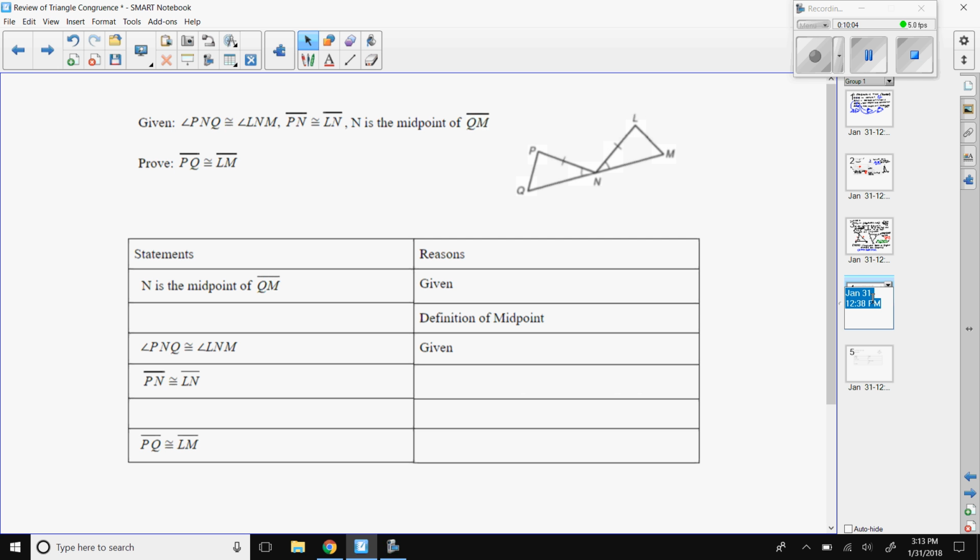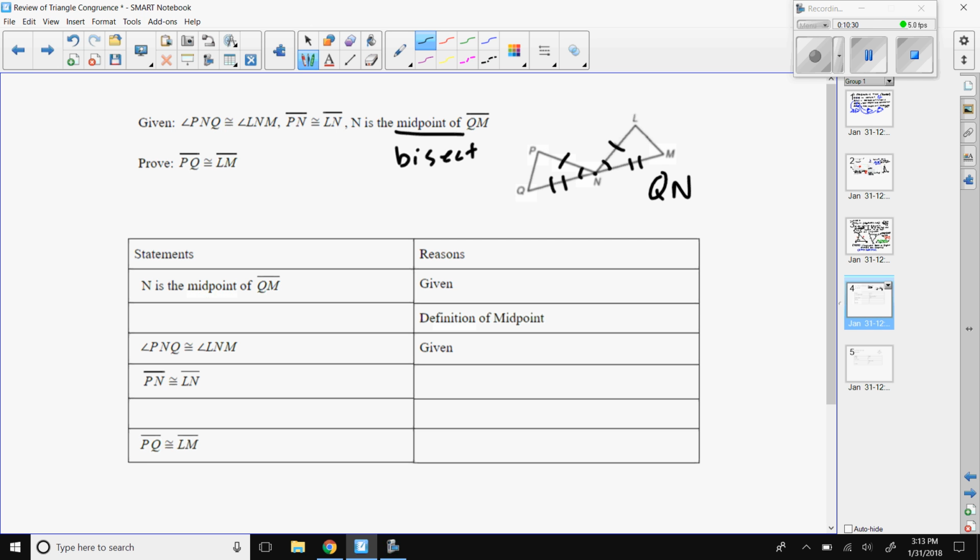So we looked at this proof here. We have the two angles, angle PNQ, which is here, and angle LMN, which is here. PN and LN are congruent, and then N is the midpoint. So because this is the midpoint, it's going to bisect the segment, which gives us these two congruent as well. QN is going to be congruent to NM.